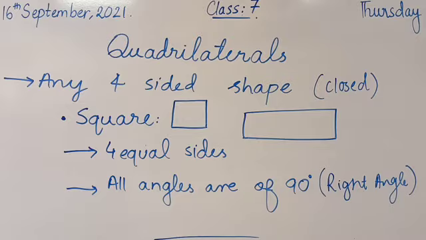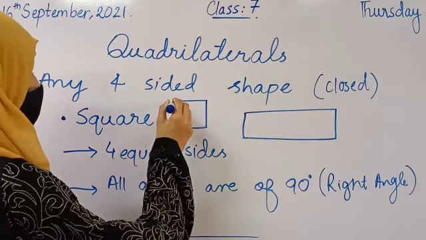Then what about diagonals? First of all, tell me what is a diagonal? We discussed it in the previous lesson. What is a diagonal line? A line that joins opposite corners of a shape is called a diagonal.